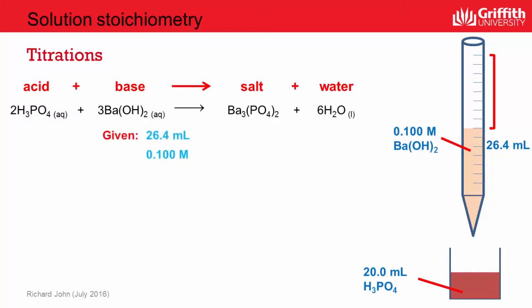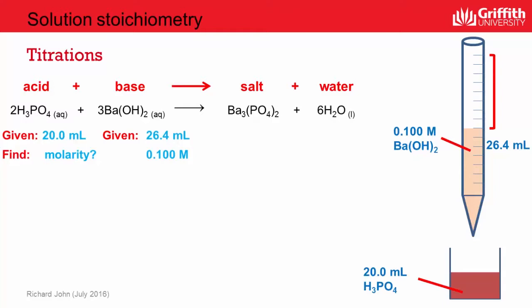Let's look at the information now that this titration has given us. The information about the barium hydroxide solution is that the reaction required 26.4 millilitres of 0.1 molar barium hydroxide solution. We also know that the volume of the phosphoric acid solution was 20.0 mils. And what we're being asked to calculate here is the molarity.